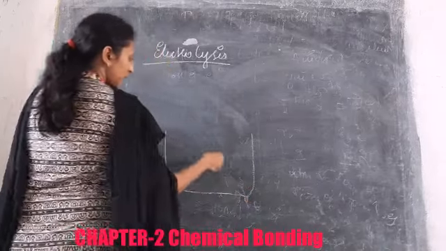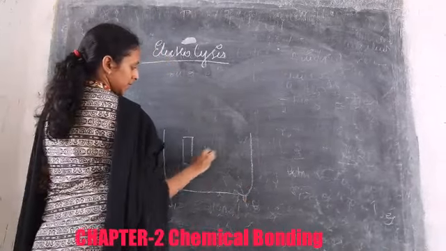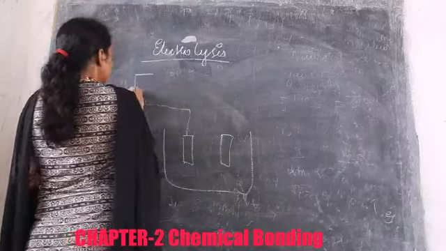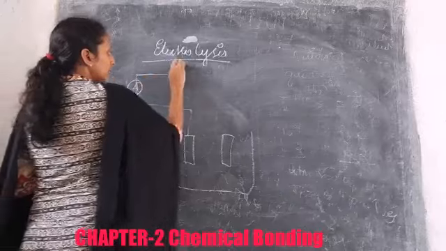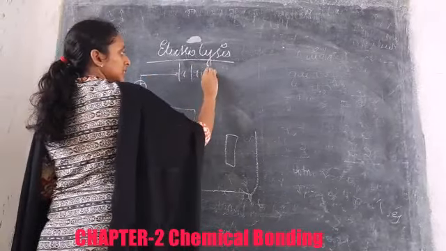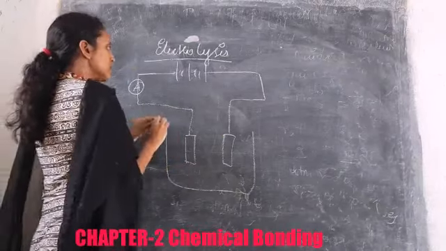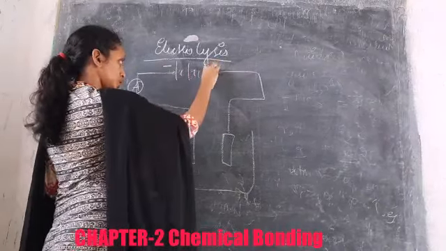They set up an experiment. So these are the electrodes. There is an ammeter and then a battery. One is negative, one is positive.